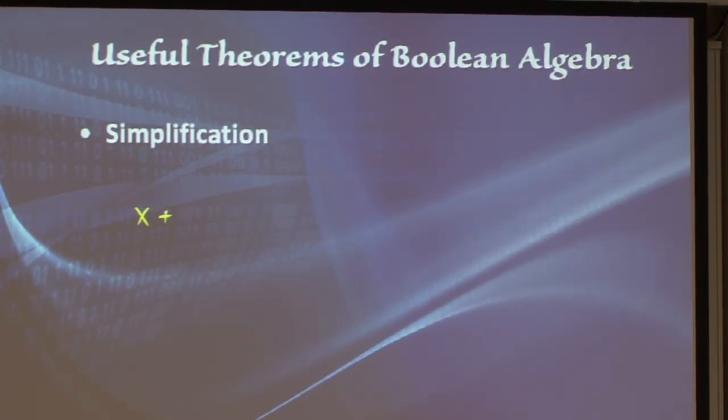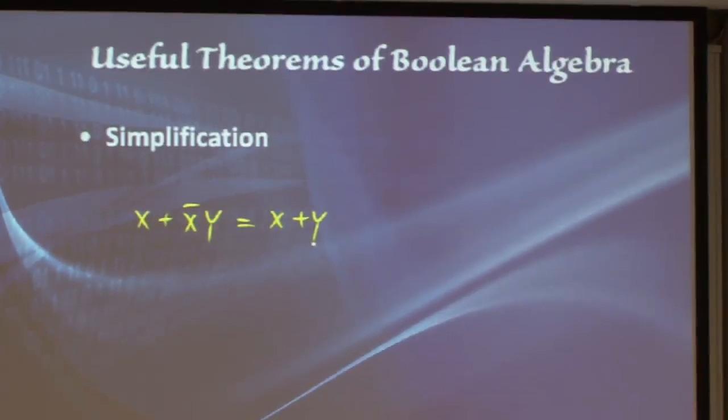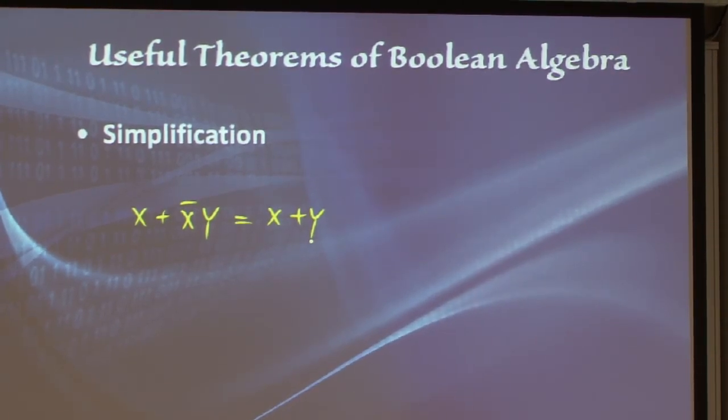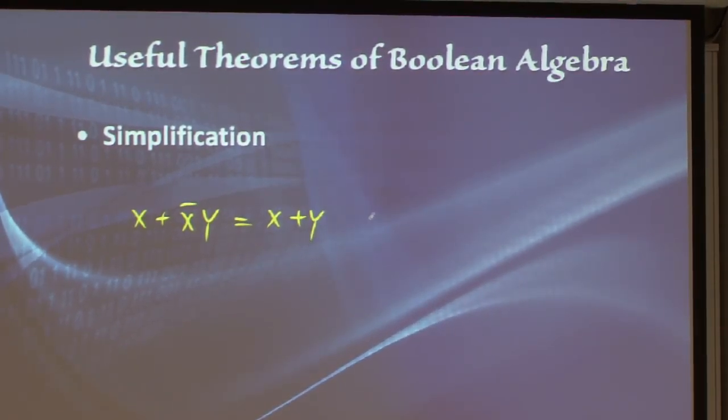Simplification, x or not x y will equal x or y. How do I prove this one? Yeah? When we take the x and put them in brackets outside, x or not x in brackets, and then x or y in brackets.